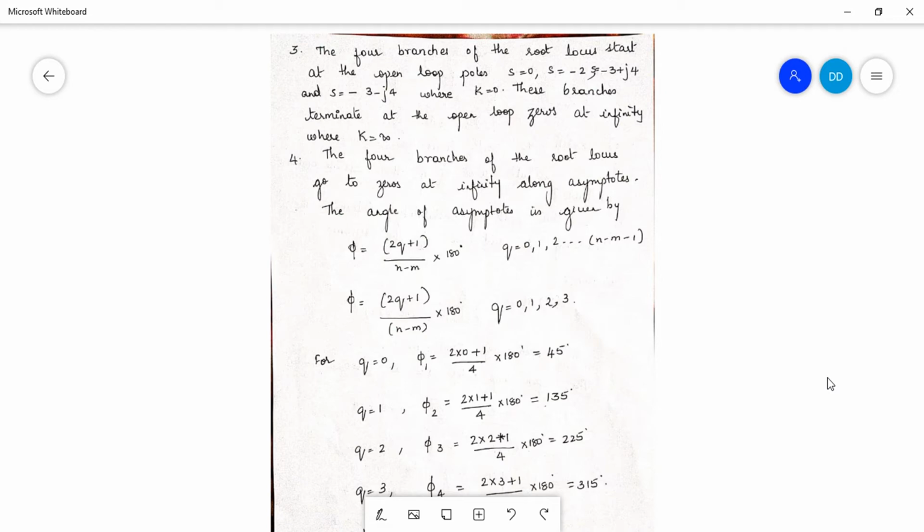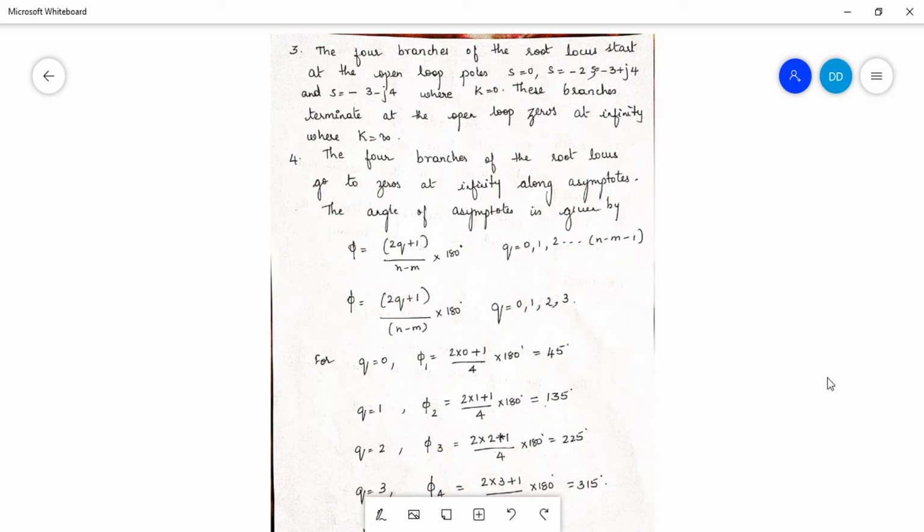When these 4 branches travel to infinity, they have to travel along some angles. That is decided by the asymptotes, so we will find the angle of asymptotes. The angle of asymptotes is given by phi equal to (2q plus 1) into 180 divided by (n minus m), where q takes the values 0, 1 up to n minus m minus 1.